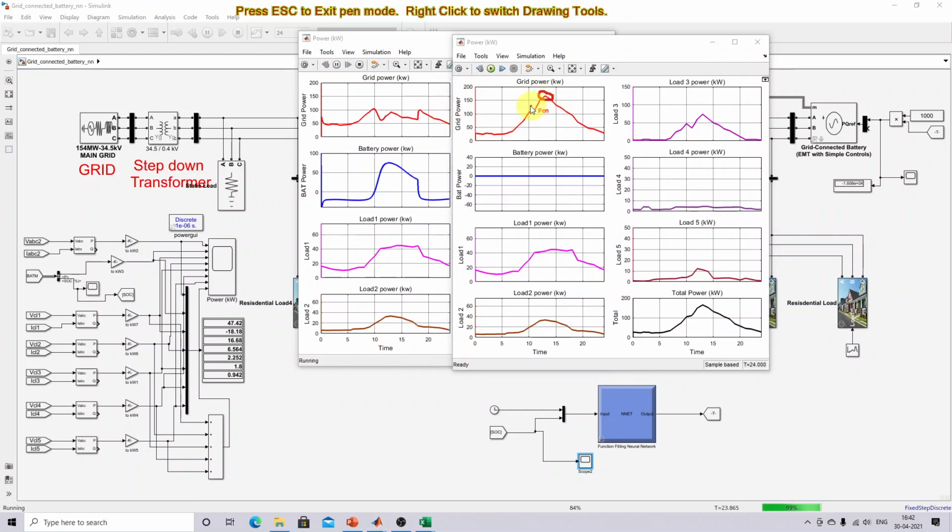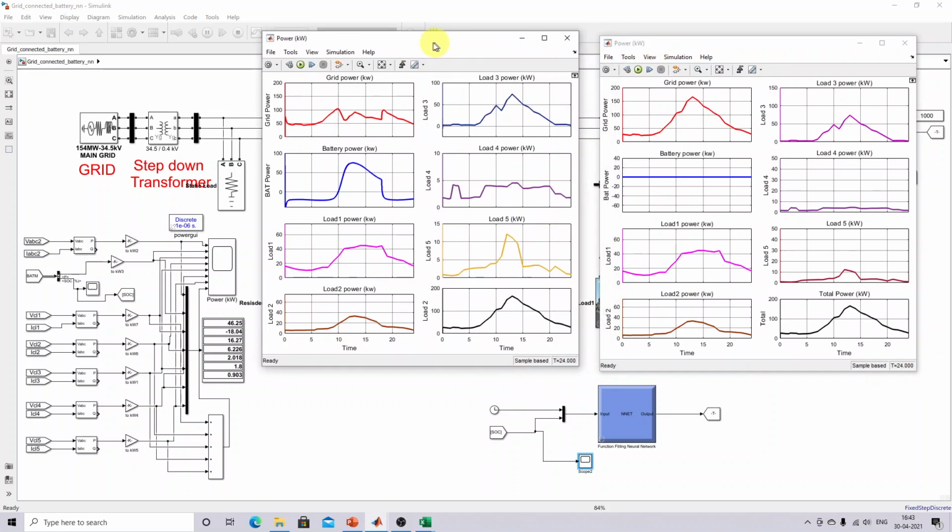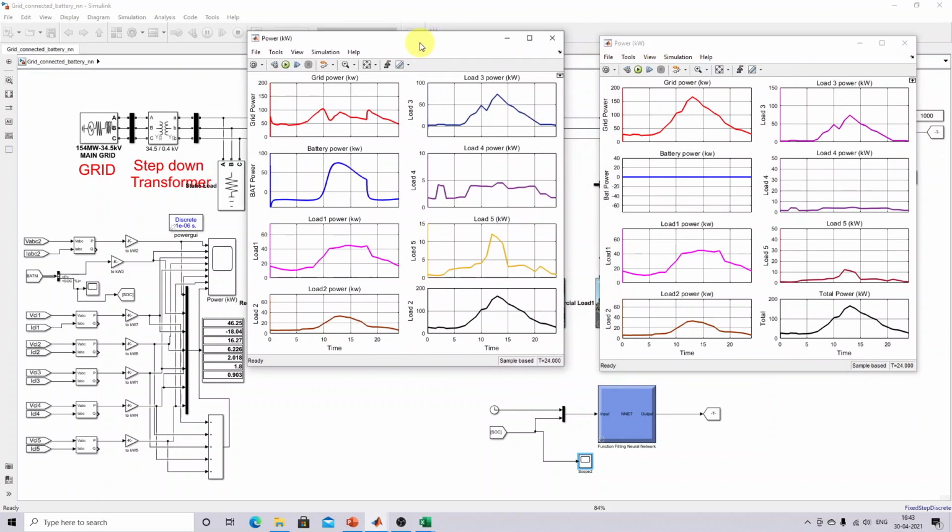But this portion is going to be clipped out by means of that battery. Okay. So by means of this neural network, demand side management concept. Okay. So this is the result of that demand side management system in grid connected energy storage system by using neural network.